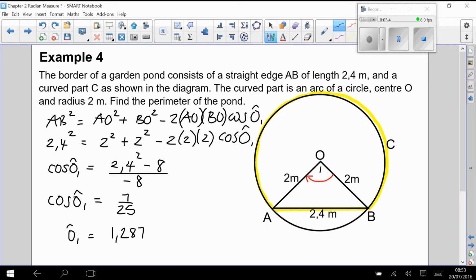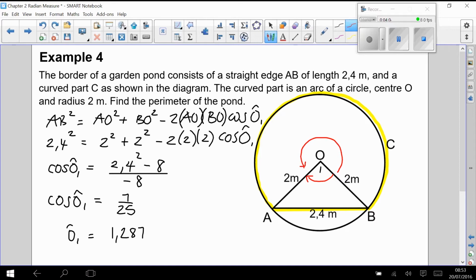Now, if you got an angle that looked as though it was something in degrees, then you forgot to change your calculator so that it was in radian mode. My calculator was in radian mode, and so this angle looks perfectly correct. How am I going to find this other angle, which is the angle O2?